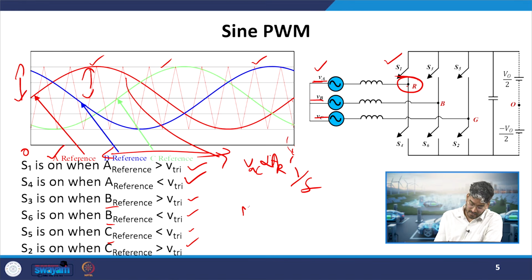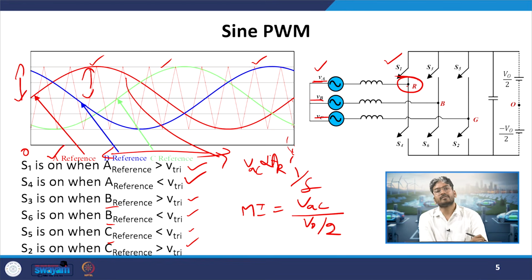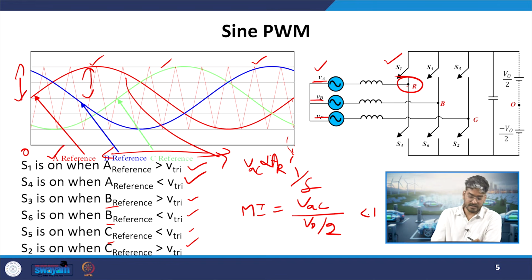So what is MI, the modulation index? It is the ratio of the output AC magnitude, or the peak of that one, to Vdc by 2, or 50% of the DC link voltage, which is the maximum voltage it can generate in the positive direction. So its value should always be less than 1. Then I will be operating in the linear region.